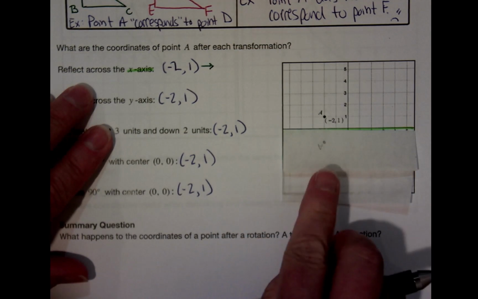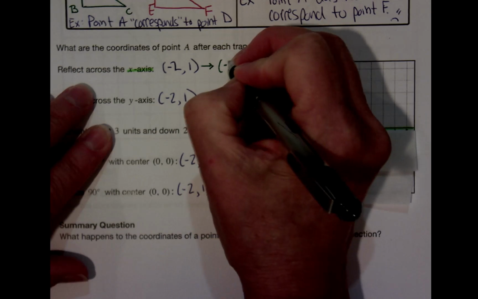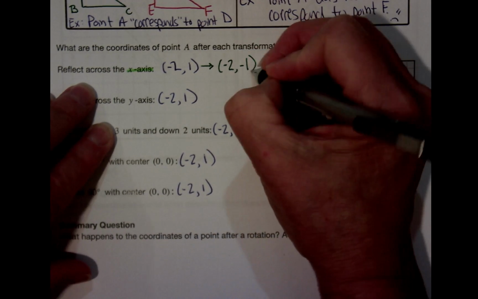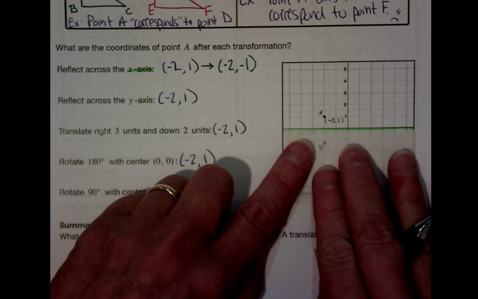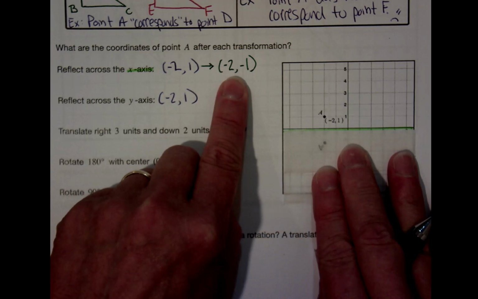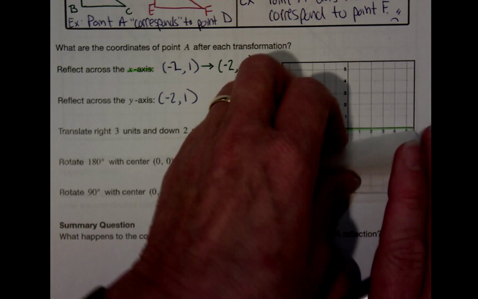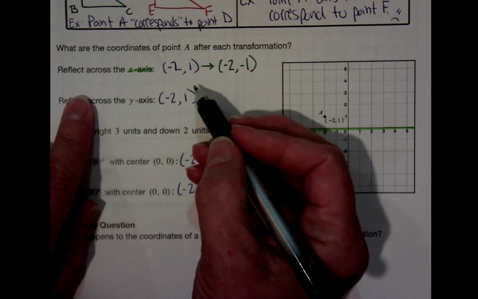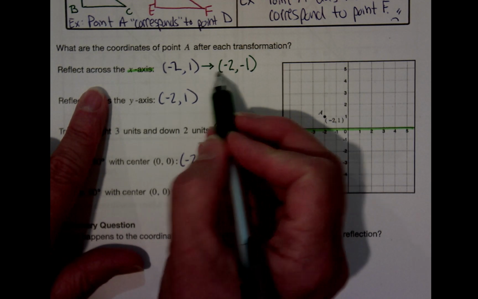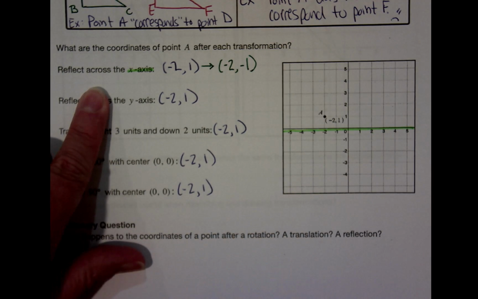My transformed point is now -2, -1. So we went from -2, 1 to -2, -1. And what happened was the x value stayed the same, but the y value changed to its opposite.